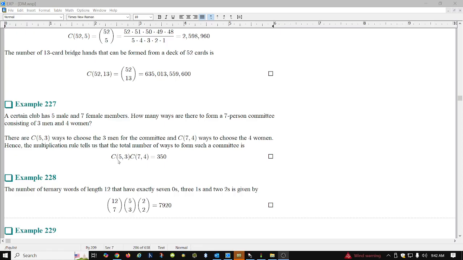There are C 5 3 ways to choose 3 men from the 5 men in the club. There are C 7 4 ways to choose 4 women from the 7 women in the club. Since those 2 tasks have the independence required to apply the multiplication rule, you multiply, you get 350.